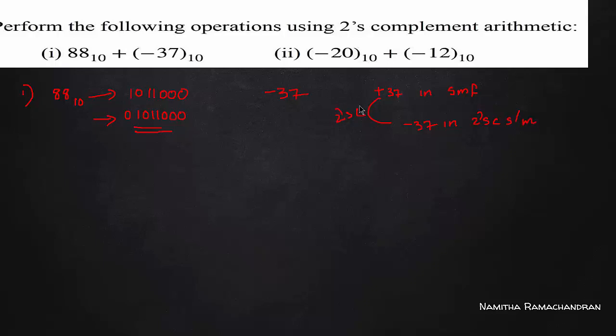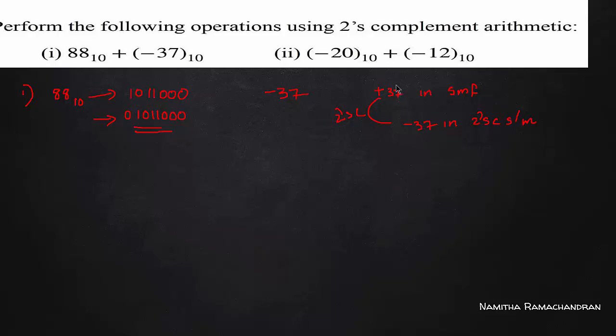In order to get a 2's complement representation for a given negative number, start with its positive representation. If we need minus 37 in 2's complement system, start with positive 37. Always start with the positive form. Write its signed magnitude form first, then take its 2's complement. That will form minus 37 in 2's complement system.